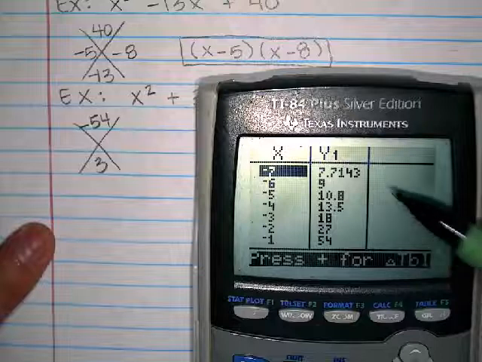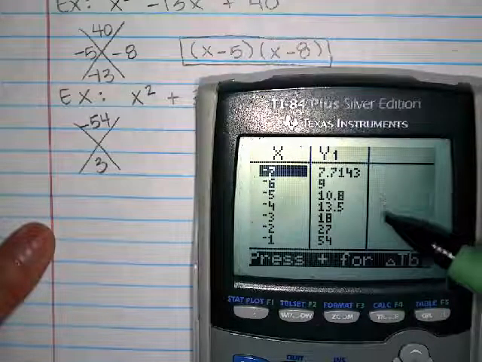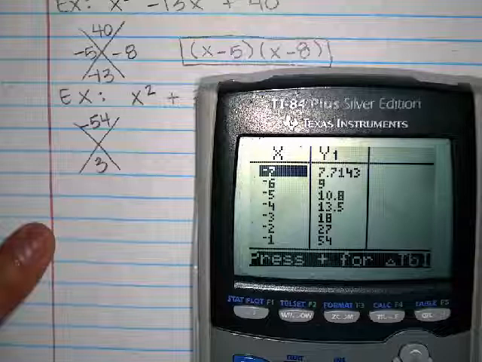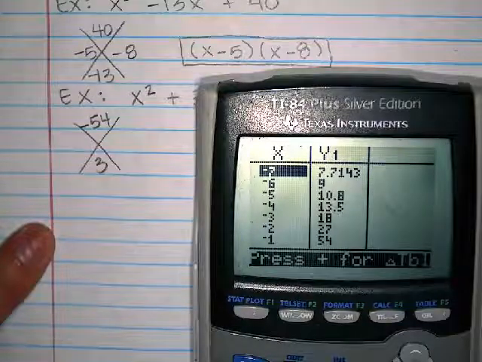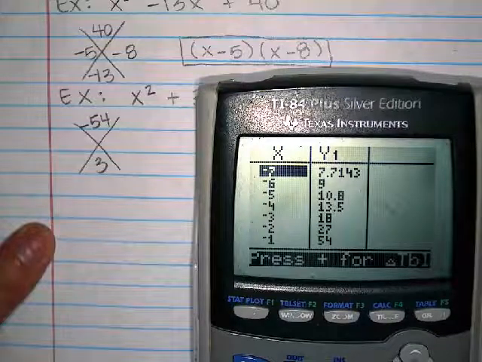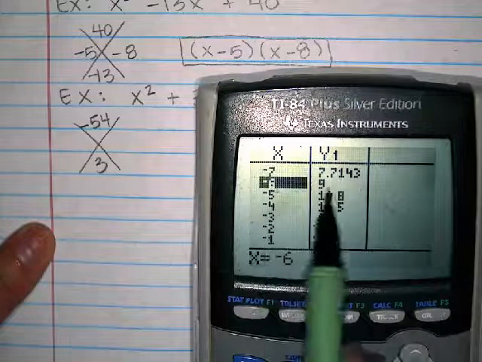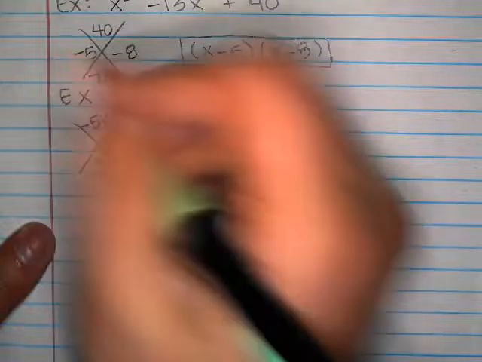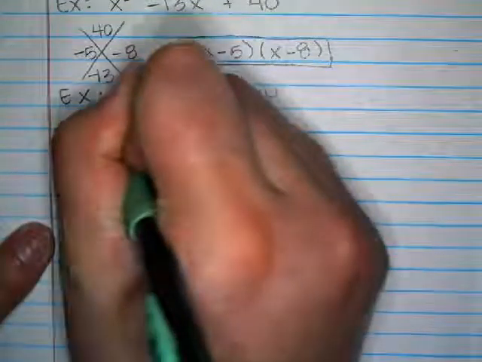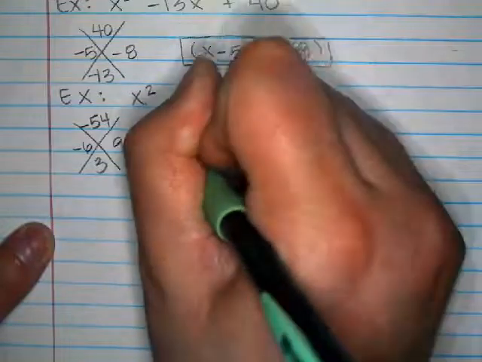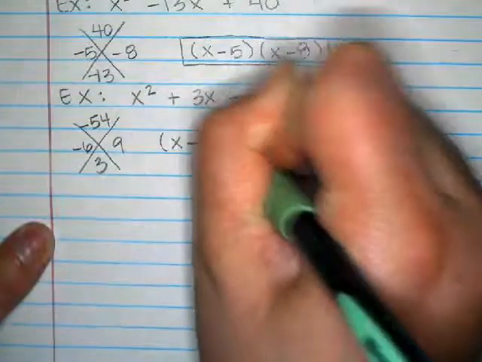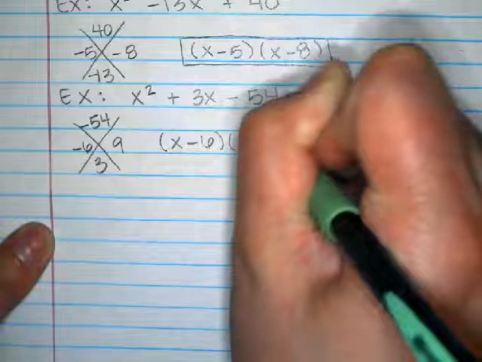Take a moment, see if you can figure out which pair it is on the screen. So it's the negative 6 and the positive 9. They multiply to a negative 54, but they add to a positive 3. So x minus 6, x plus 9.